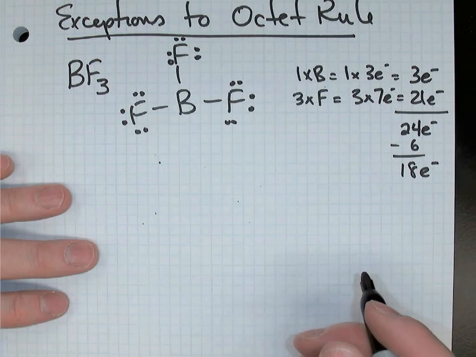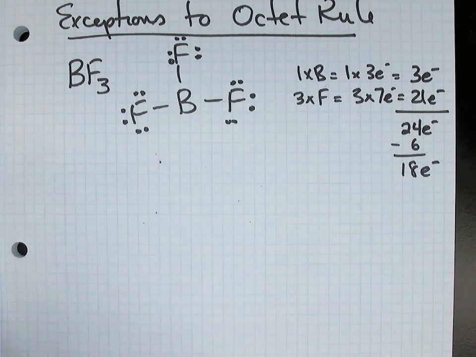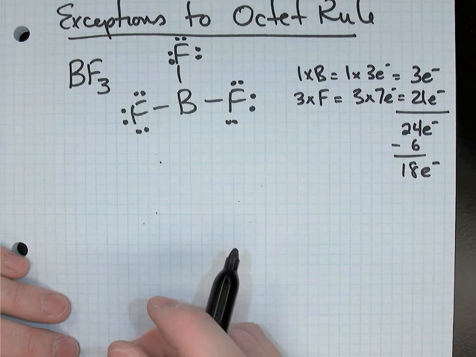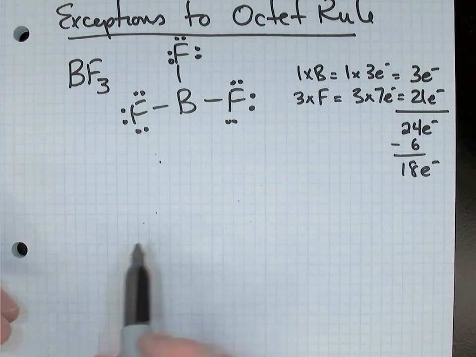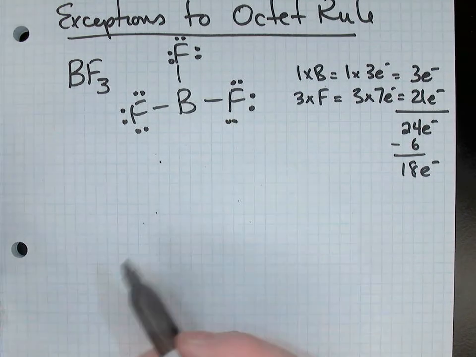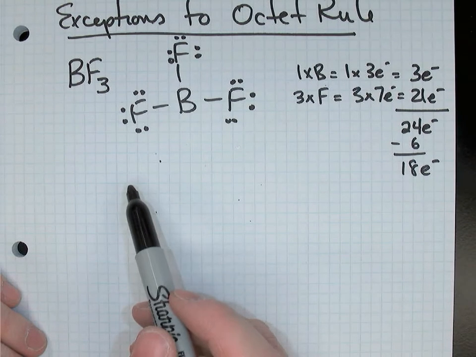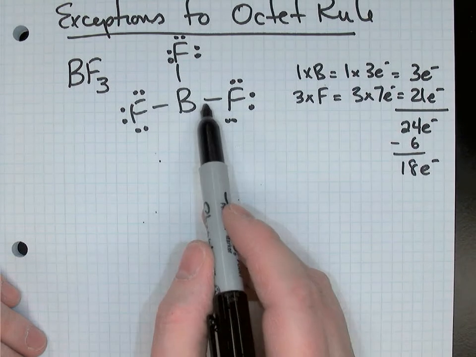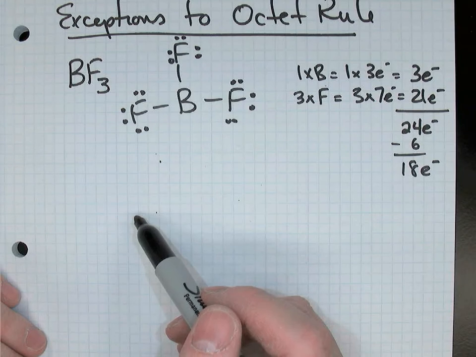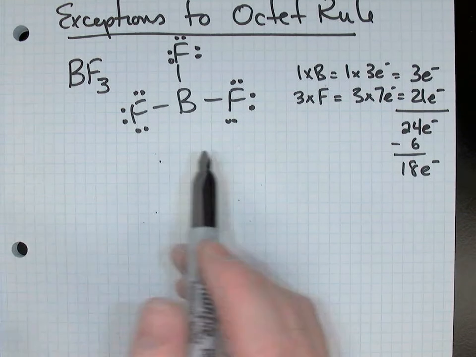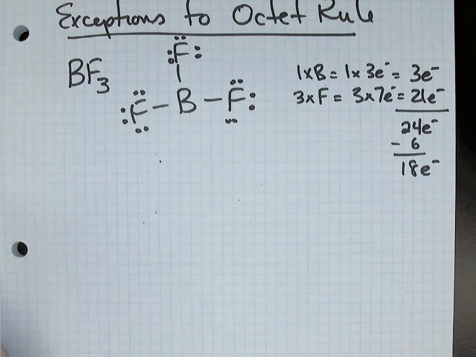Now, you might think, if you understood the previous examples, that perhaps we should try putting in double bonds. In fact, we could satisfy the octet rule by giving a double bond to one of the fluorine atoms. The problem is that when you look at the chemistry of BF3, it appears that that doesn't happen.